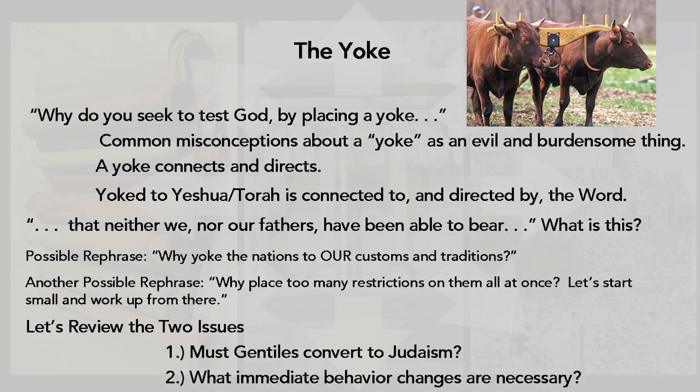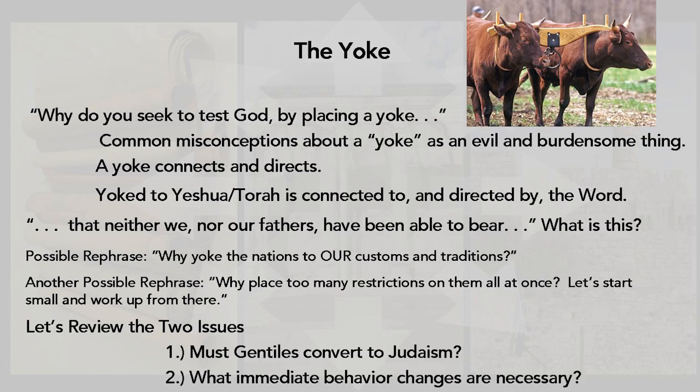It enables these two animals to work in unison to get the work done, and it also enables the farmer in the back to control them. So if you are yoked to the Torah, it means that you are connected to and directed by God and His Word. We have to change our perception of what a yoke is and does.